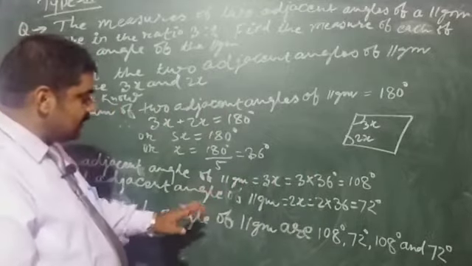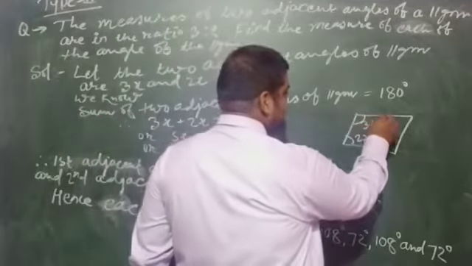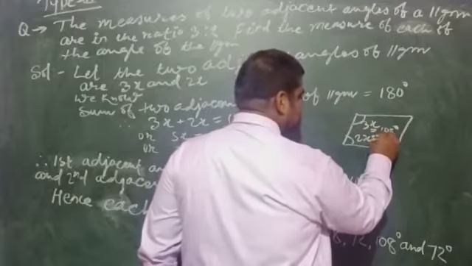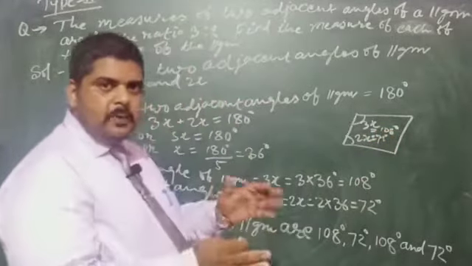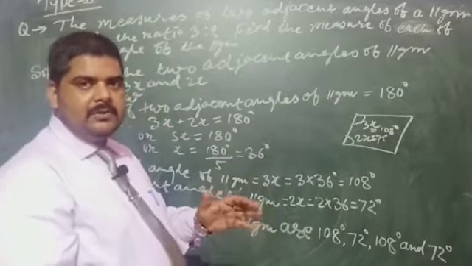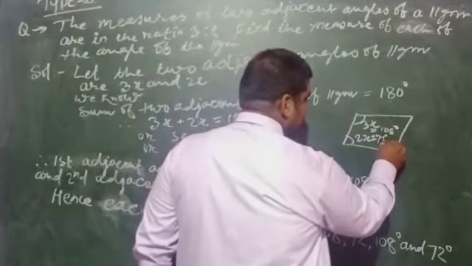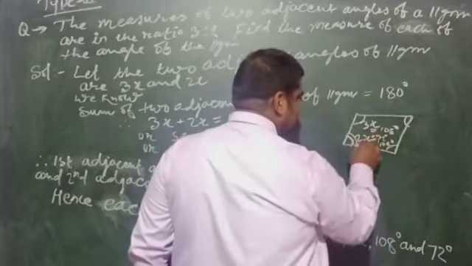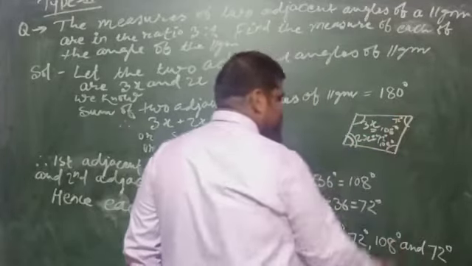When you get the first and second adjacent angles, this angle is 108 degree and this one is 72 degree. You also know that opposite angles of a parallelogram are equal, and this is why this is also 108 degree, and this angle is equal to this angle, so this angle is 72 degree.